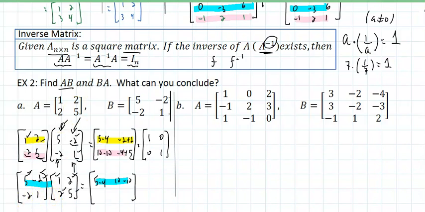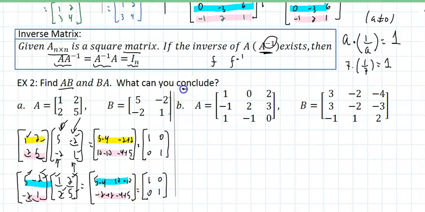And to generate the second row, I use the second row. Negative 2 times 1 is negative 2 plus 2. And negative 2 times 2 is a negative 4 plus 5. And that turns out to be a 1, 0, 0, 1.